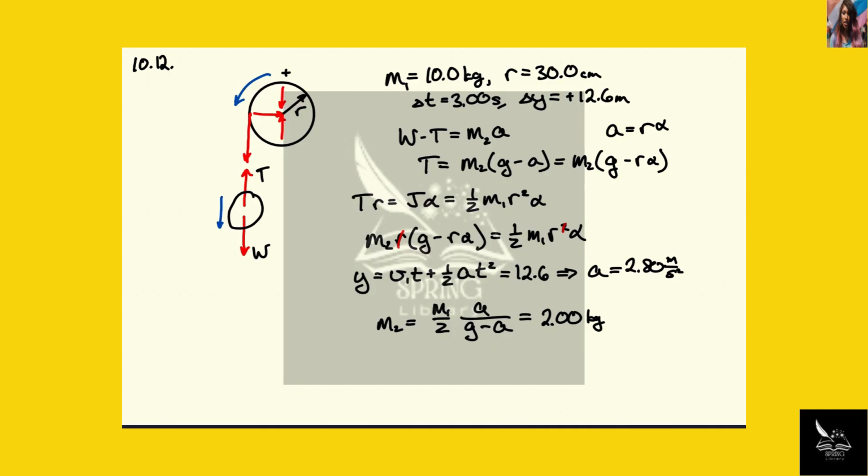If we plug this expression into the previous one, an r cancels out, so we get m2 g minus r alpha equals 1/2 m1 r alpha.